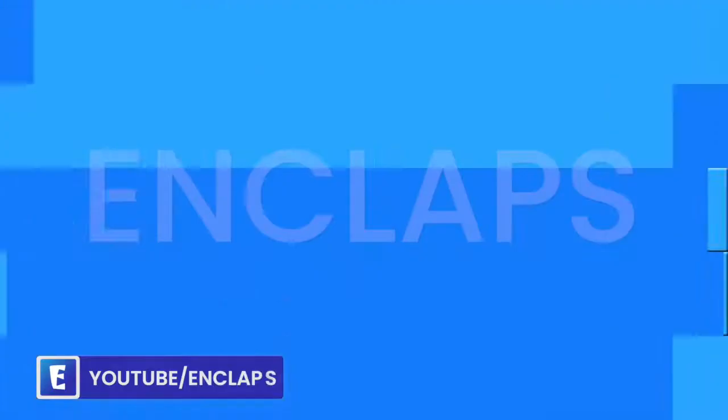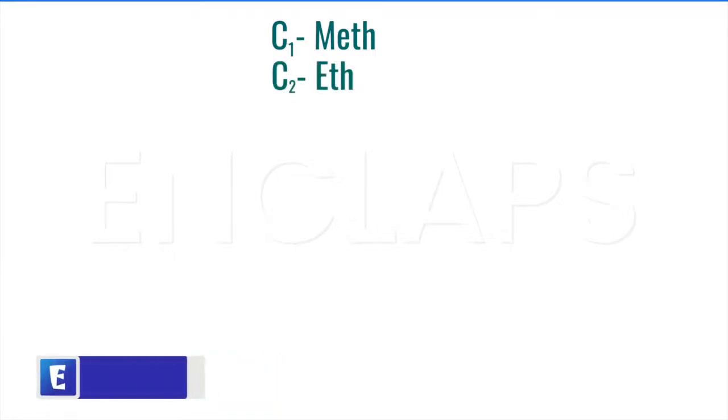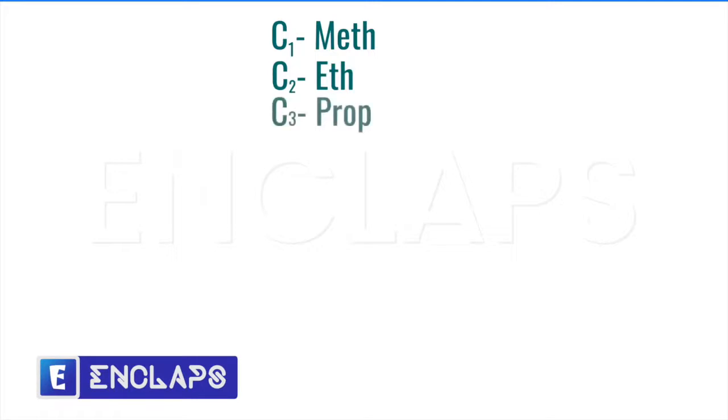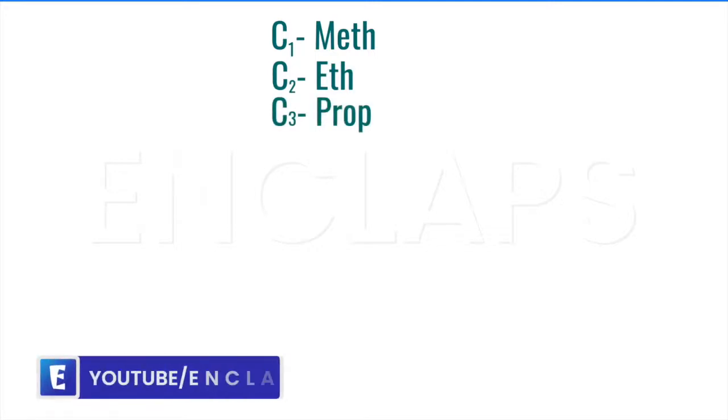They are: if the compound contains only one carbon atom, then use the word root meth. Then for 2 carbon atoms, the word root is eth. For 3 carbon atoms, prop. 4 carbon atoms, but. For 5 carbon atoms, pent.